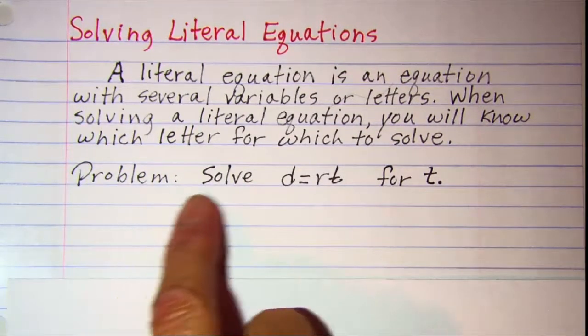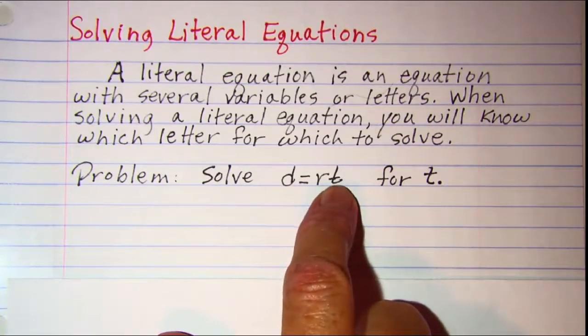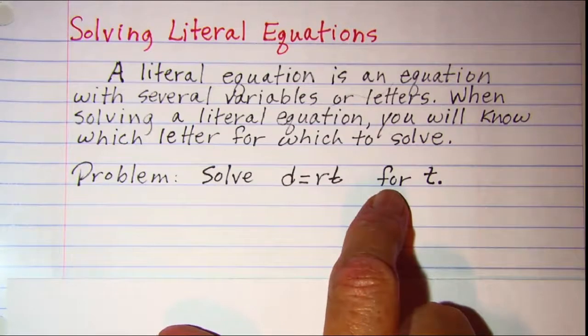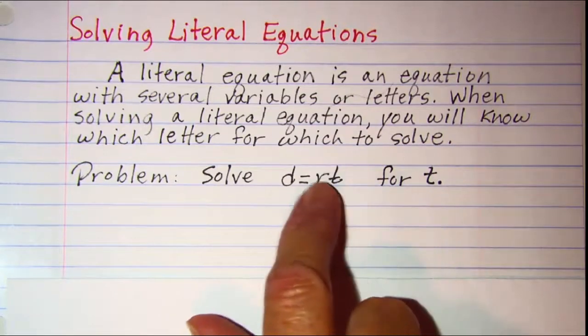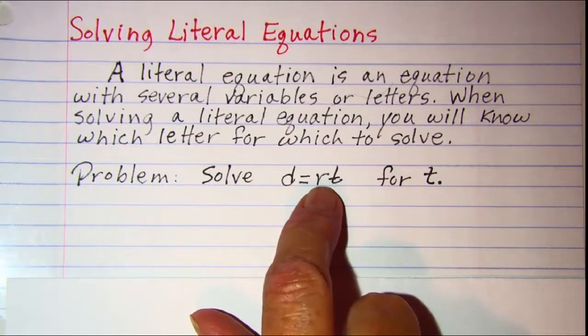Our first problem is to solve d equals r times t. We're solving this equation for t. Now, in order to isolate the t, we need to get the r off of the right side.